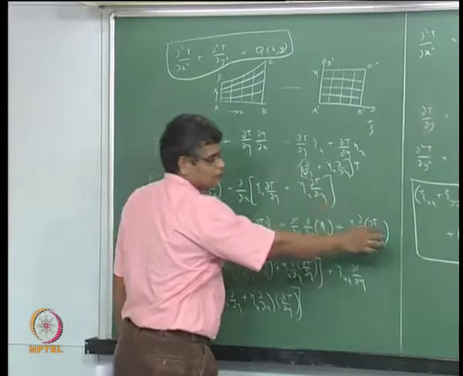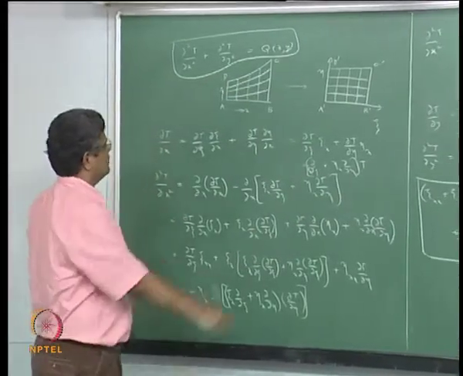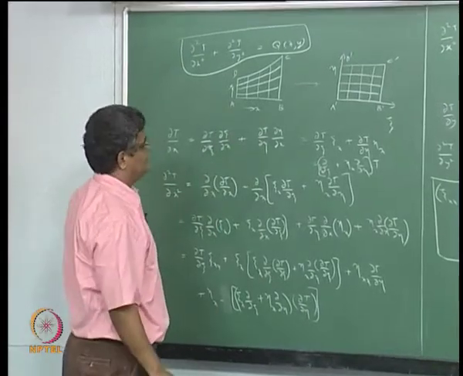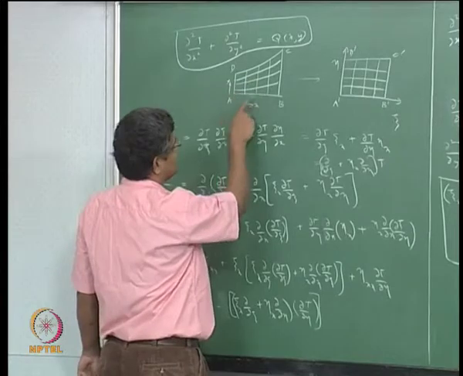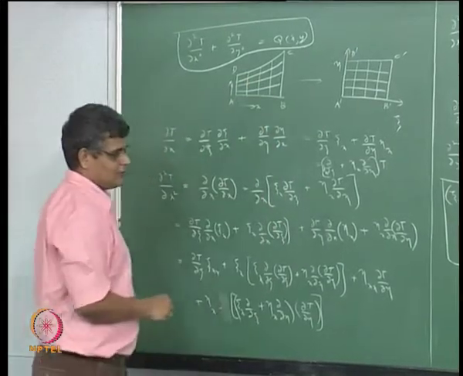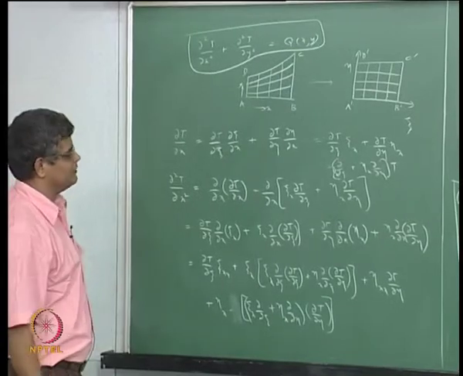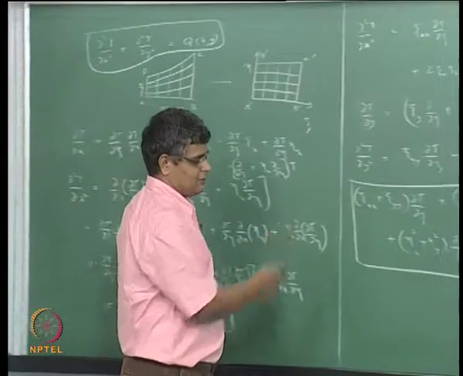There are many more terms that are coming here for the general case of transformation, where both x and y depend on psi and eta. Okay, in this particular case it looks like in the x direction there is no change, but in the y direction there is obviously change. So some of the derivatives may cancel out, but in the general case all these things are present.